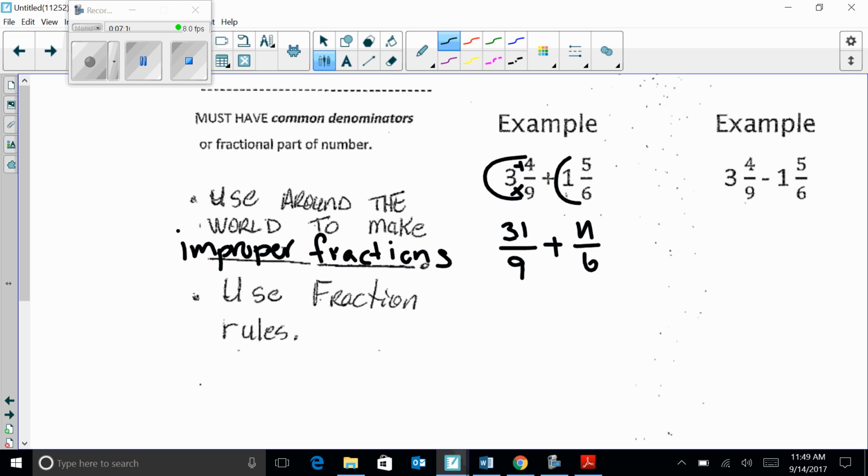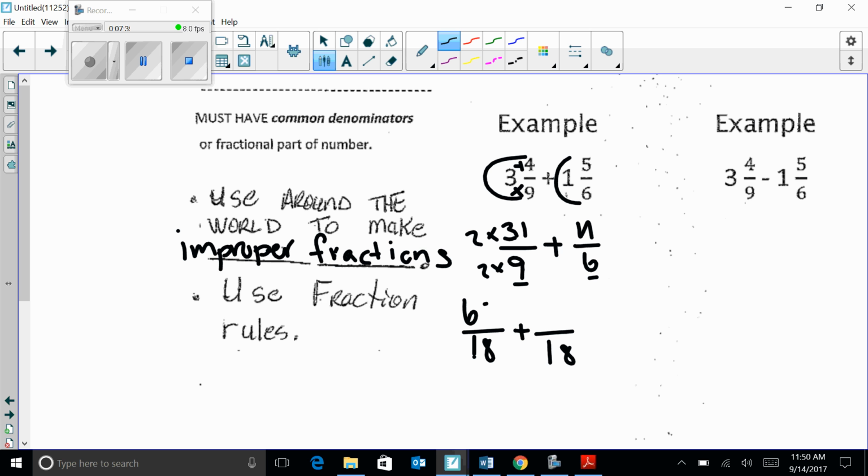Now I have to find a common denominator between 9 and 6. I know there are multiple of them, but the smallest, both of them can go into 18. So 9 times 2 gives me 18, so I also have to multiply 31 times 2.